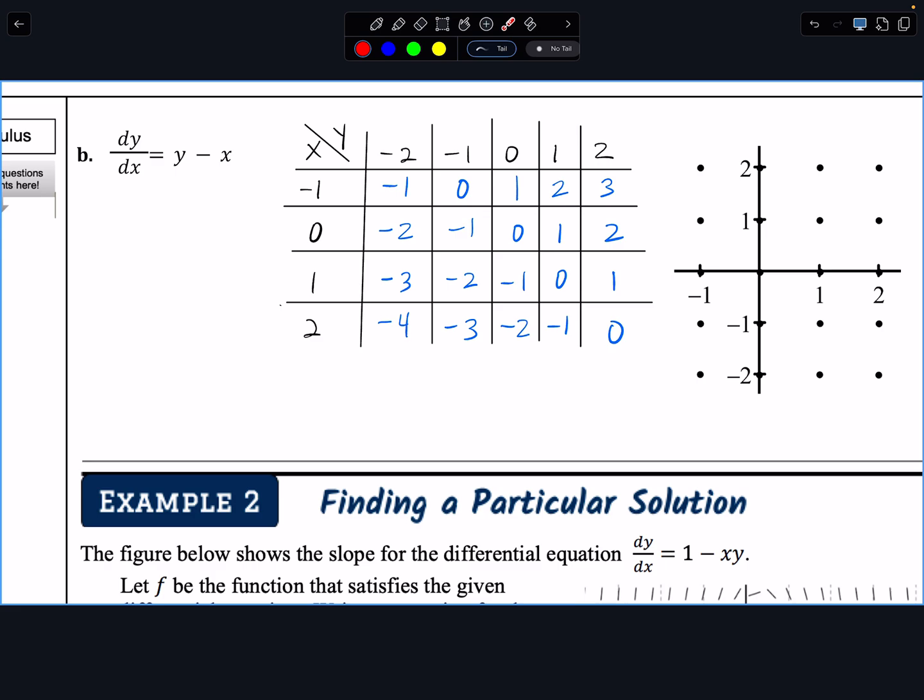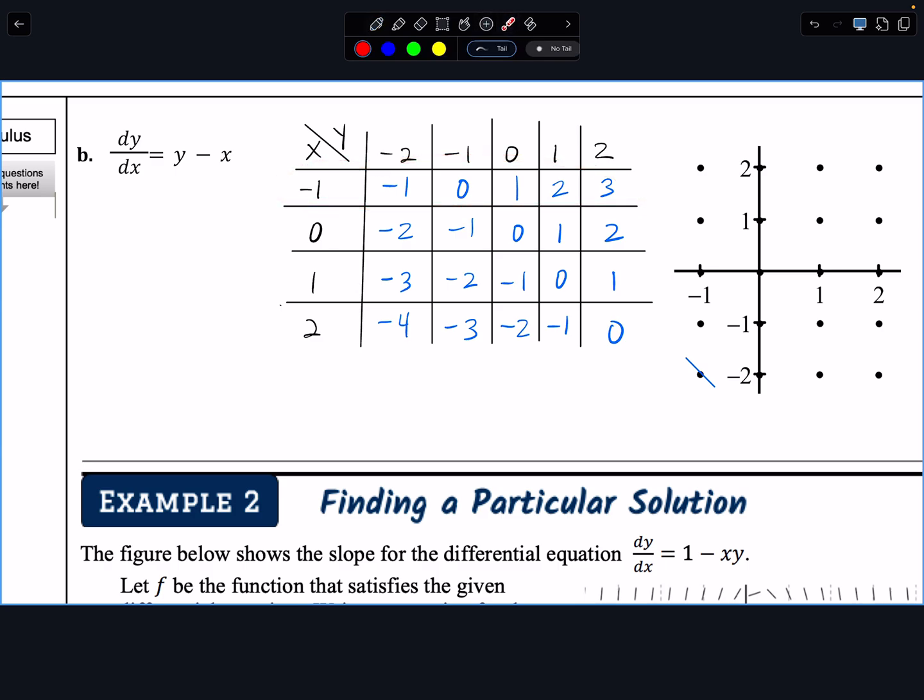Oh, I have 4. So -2, -1, -2 is -1. So that would look something like that. Actually, let's go this way. This makes more sense to me.